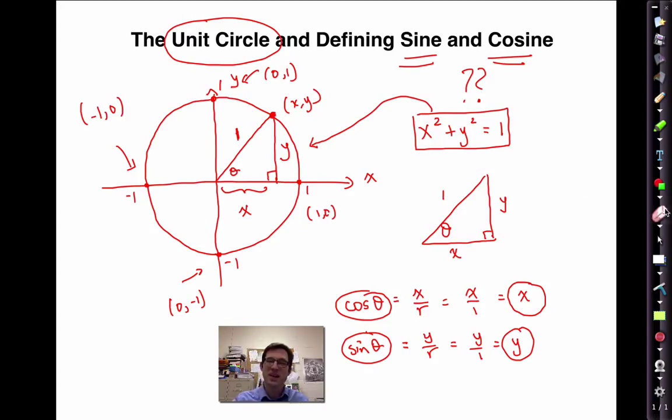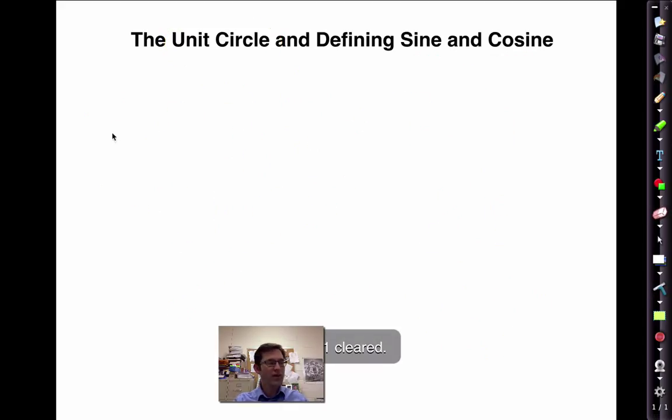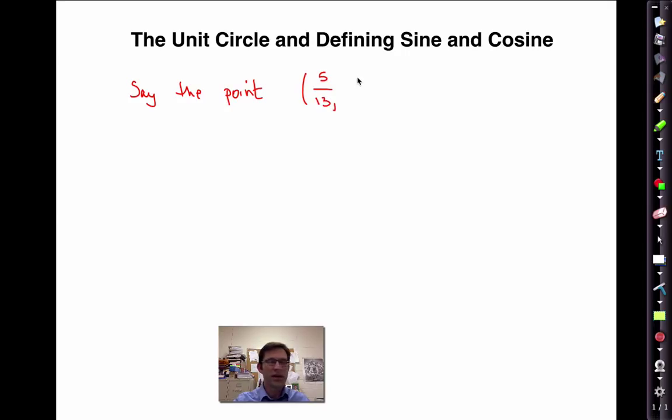So let me give you an example of this. I'm going to clear this out, okay? You'll often get a problem that is pretty easy. It'll say something like, say the point (5/13, -12/13) lies on x squared plus y squared equals 1.